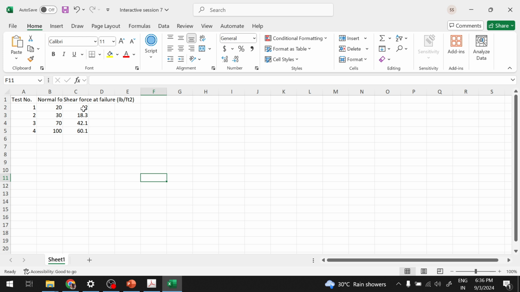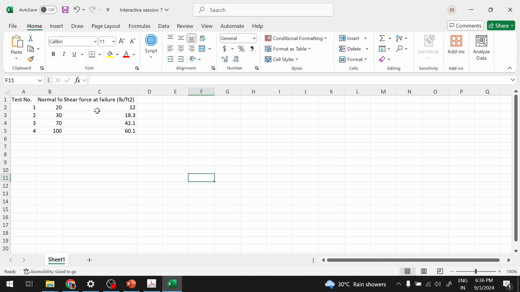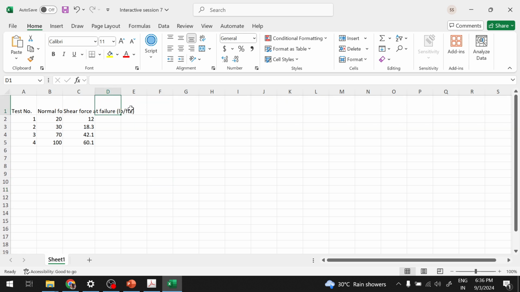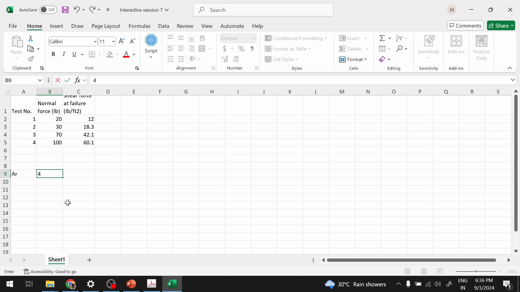The area of the failure plane, we know the area is 2 into 2, that is 4 inch square.